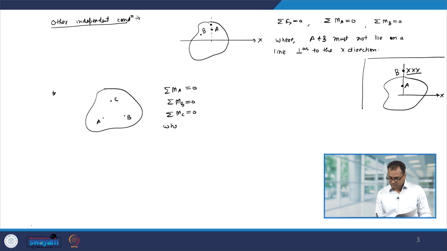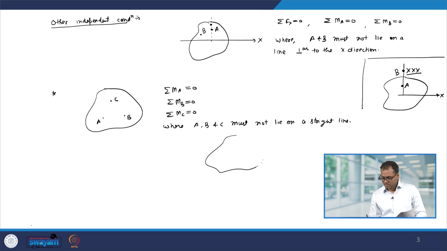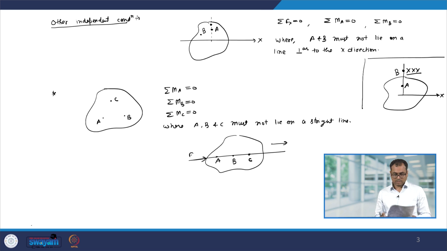But here these points A, B and C must not lie on a straight line. Why so? Because if A, B and C lie on this line, and suppose you apply a force, then the moment about A is 0, moment about B is 0 and moment about C is also 0. However, under the influence of this force, the body is going to move. Therefore, to prevent this, points A, B and C must not lie on a single line.